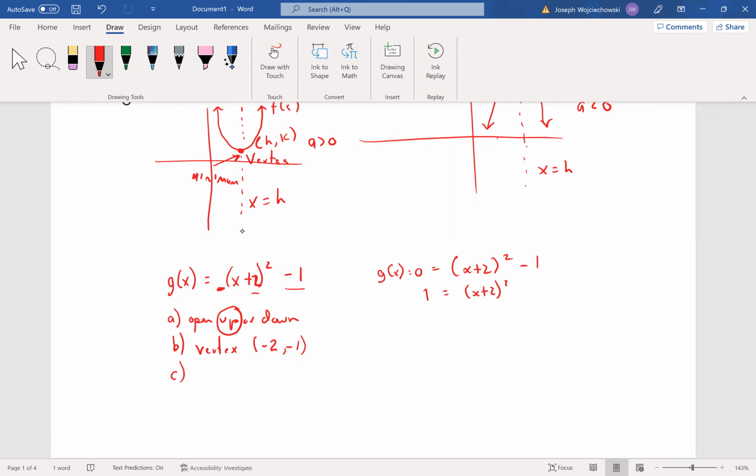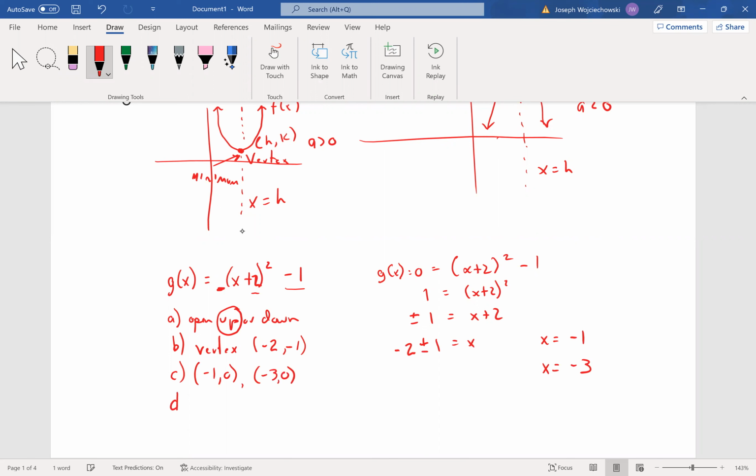Take the square root. Plus or minus 1 equals x plus 2. Subtract 2 from both sides, and I get negative 2 plus or minus 1 equals x. Negative 2 plus 1, x equals negative 1, or x equals negative 2 minus 1, negative 3. So that makes my x-intercepts negative 1, 0 and negative 3, 0.